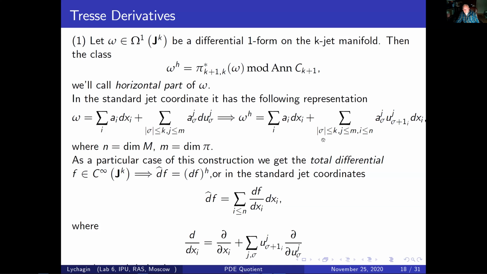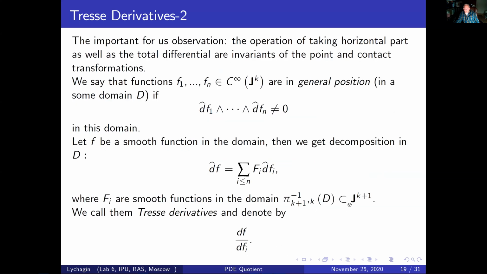I will use this construction for functions. I take a function, take its differential, and take the horizontal part. This is called the total differential of our function. In coordinates, it looks like the standard differential, but instead of partial derivatives, we take total derivatives.